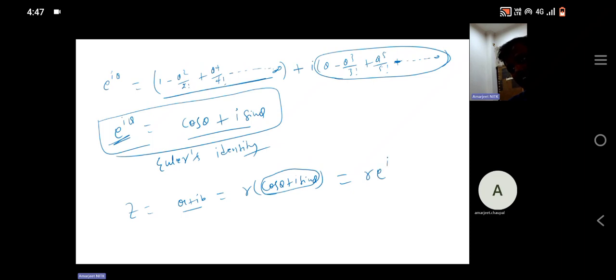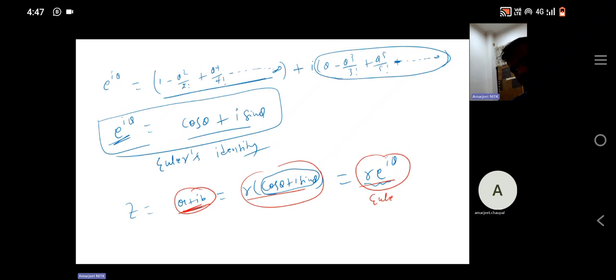So r e to the power i theta. So these three expressions are the same. This and this both are the same complex number. This is the general form, this is the polar form, and this is known as the Euler form of a complex number.